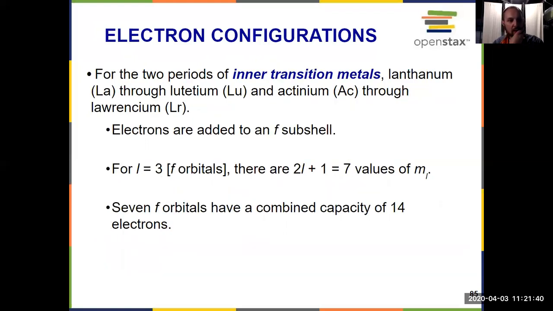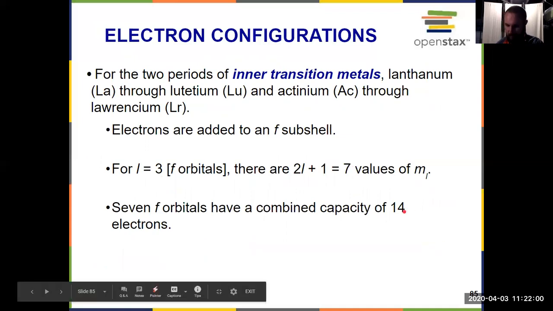We also have to consider later on in the periodic table the f subshell, anytime we're looking at some inner transition metals, so some lanthanides or some actinides. In the f subshell there are 7 orbitals, so we can hold up to 14 electrons.